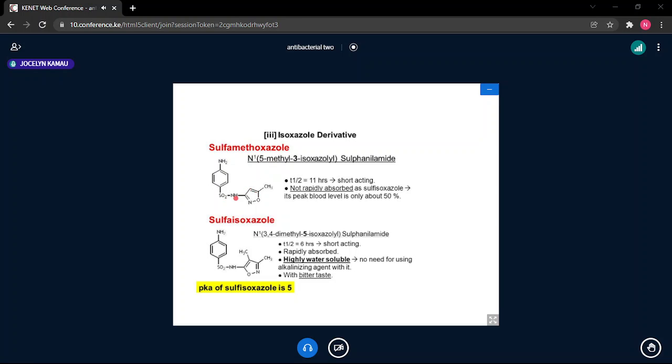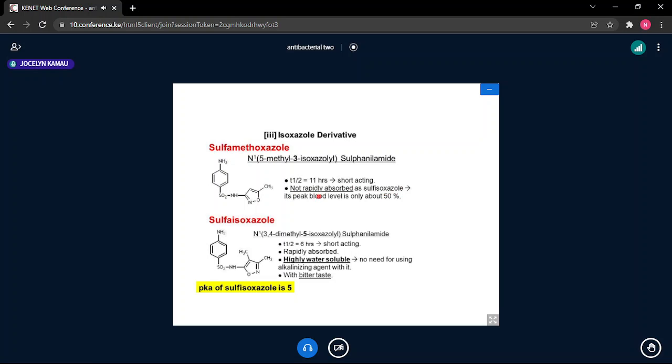Sulfamethoxazole is slightly different from sulfathiazole, but I would expect sulfamethoxazole to have an even lower pKa than sulfathiazole, because in this one you have nitrogen and oxygen, in the other one you have nitrogen and sulfur, and oxygen is a more potent electron withdrawer than sulfur. So this should have a much lower pKa compared to sulfathiazole.